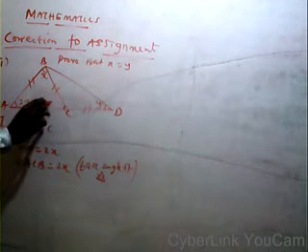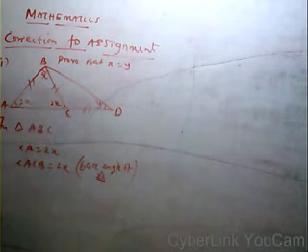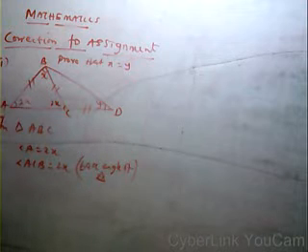So if this one is now 2x, then it means that you can know the value of your x if you make use of the rule that says that the sum of angles in a triangle is 180 degrees.